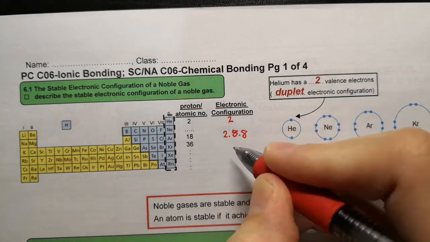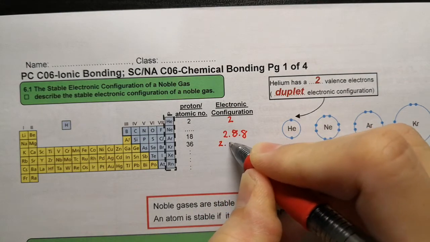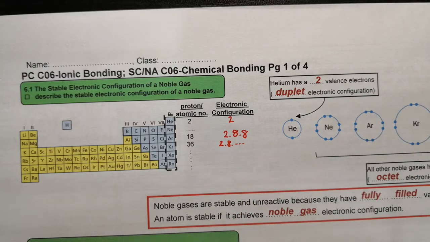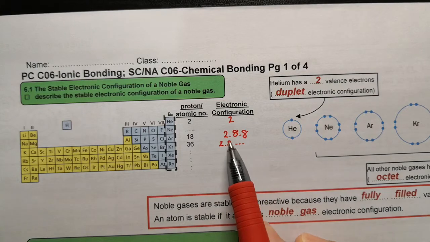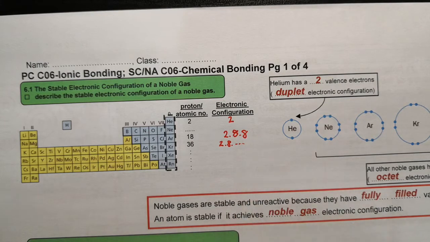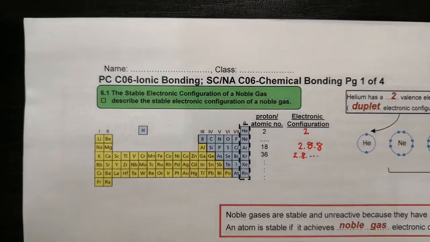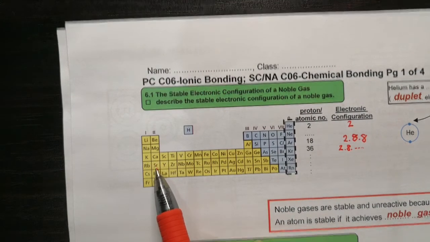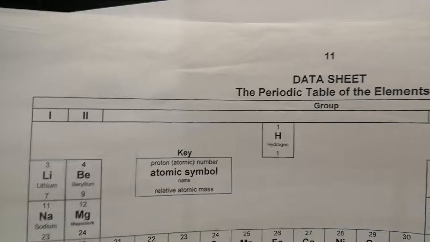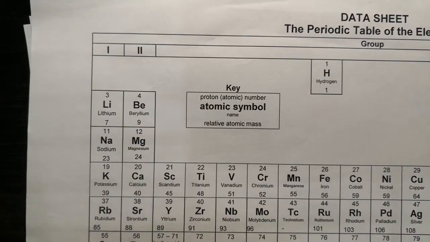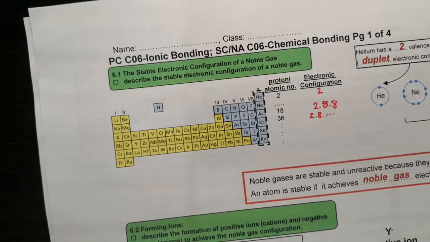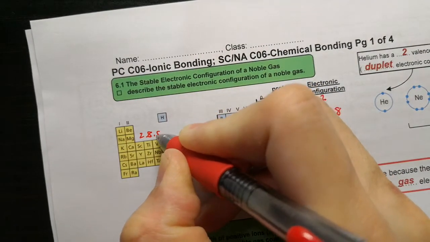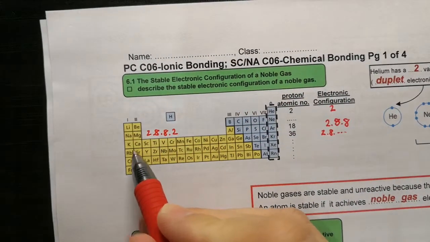The electronic configuration is no longer 2,8,8 and so on, so you can only write 2,8,8 something up to calcium. So let's look at the periodic table. Calcium has a proton number of 20. So for calcium, the electronic configuration is 2,8,8,2.